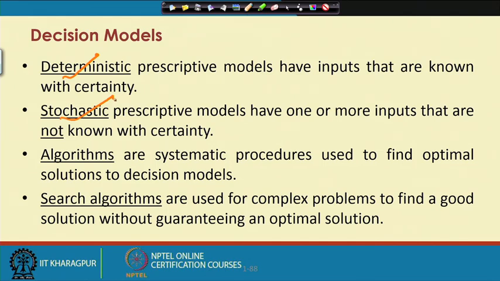So we have to develop algorithms, which are usually called systematic procedures used to find optimal solutions on the basis of decision models. Search algorithms are used for complex problems to find a good solution without guaranteeing any optimal solution.